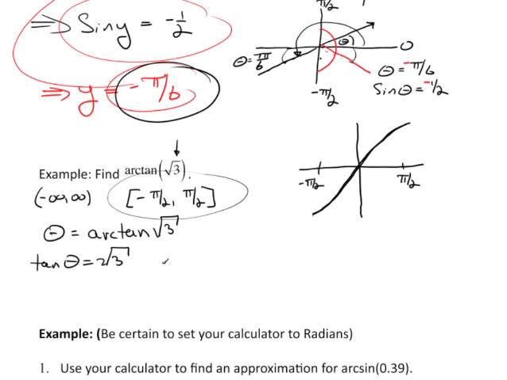Now recall that tangent of theta is equal to sine of theta over cosine of theta. So if you don't know all the common angles immediately for tangent, thinking of it in these terms may be useful.